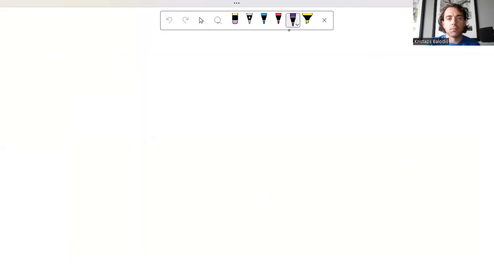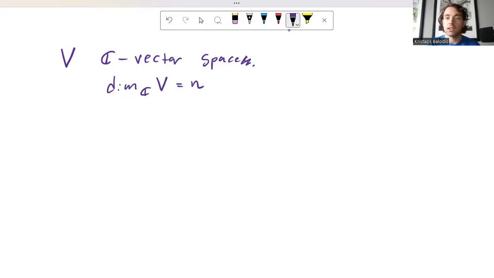So this story begins with the observation that, suppose we had some vector space V, and this is a complex vector space. Well, it turns out if you have a complex vector space, and let's suppose the dimension of this vector space was n, then we naturally get a real vector space.